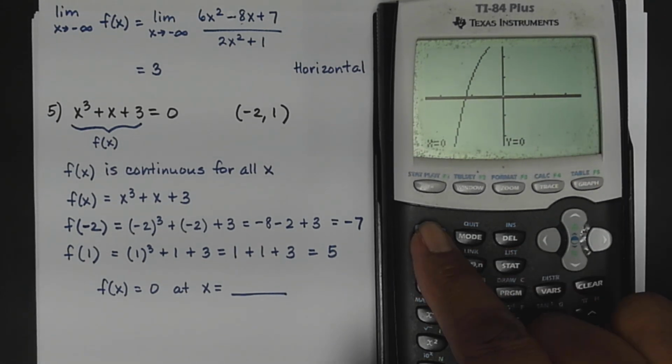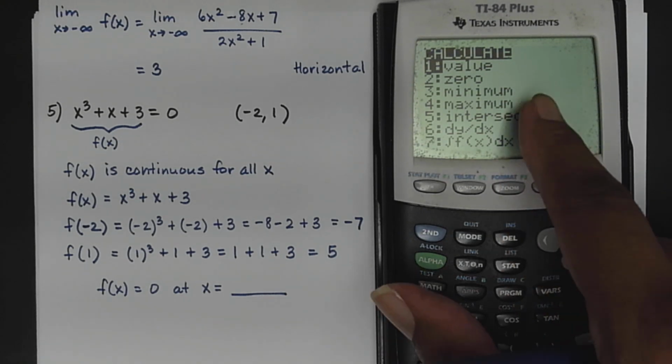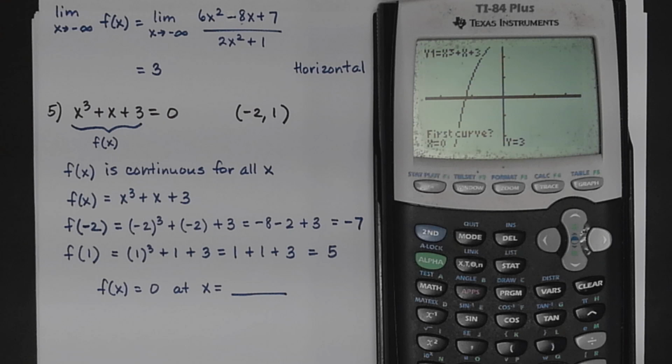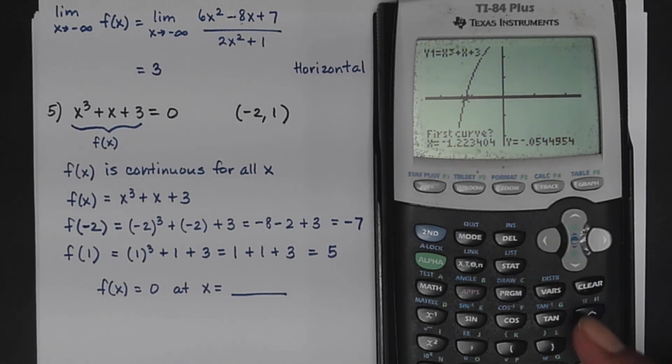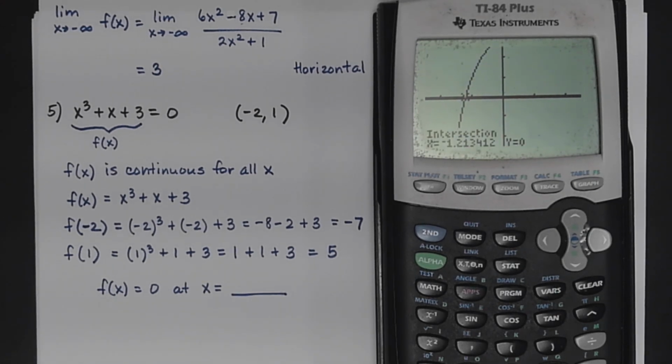To do that, I'm going to press second and trace for the calculate menu. I'm going to select menu item number 5 for intersect. For the first curve, I'm going to put the cursor as close as I can to that point of intersection. Then I'm going to press enter 3 times: 1, 2, and 3.